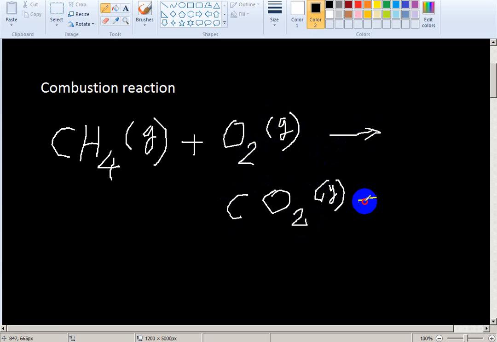This is the exothermic combustion reaction.